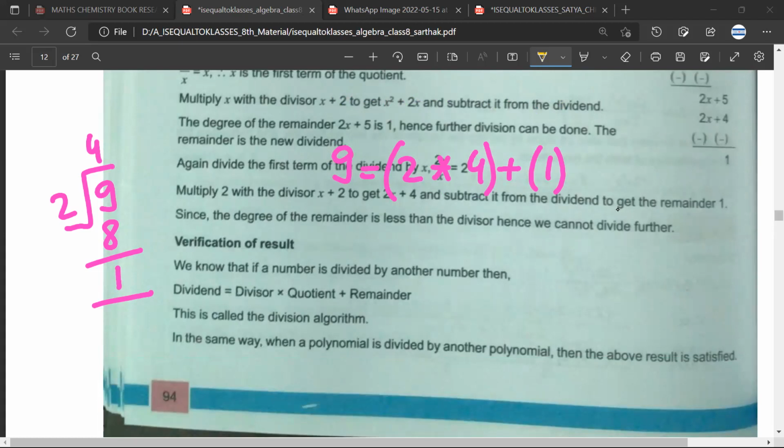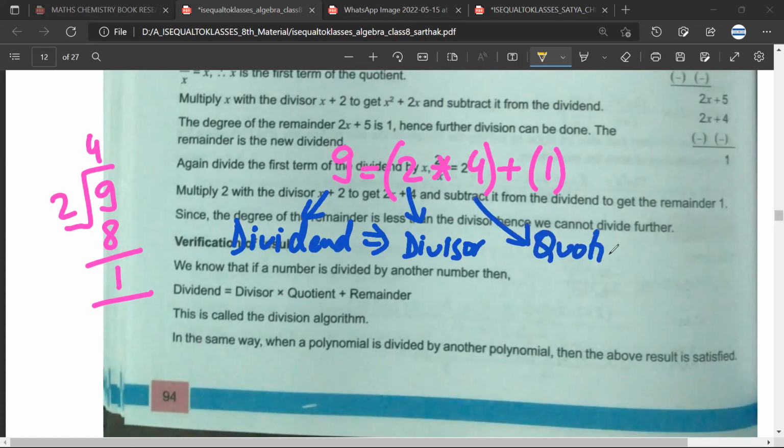So that is what they are telling you here, that this 9 is the dividend. This 2 is the divisor. This 4 is the quotient, and 1 is the remainder. Sarthak, have you understood? Yes, sir.